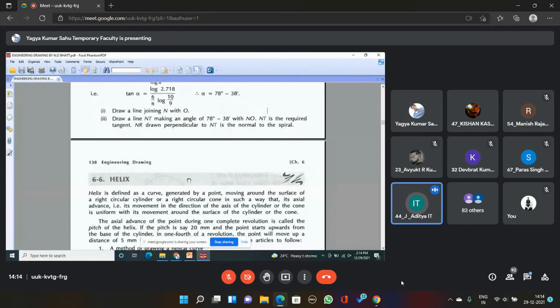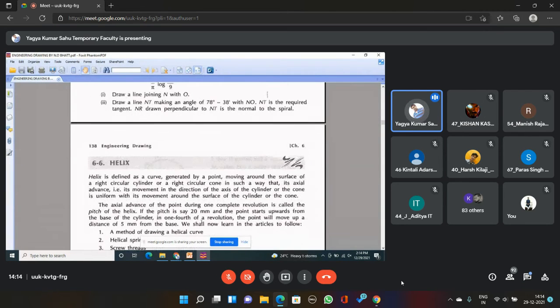Screw and threads. Screw, nuts. What will be in nuts? Outside threads will be there, and in bolts they will be inside. Nut, bolts. These are examples of the helix.